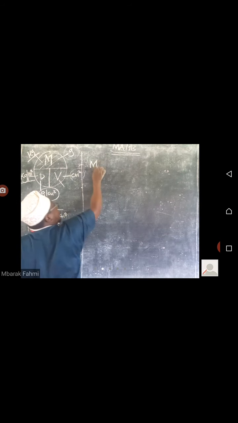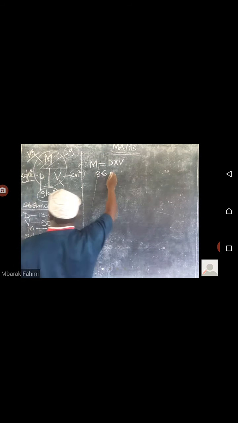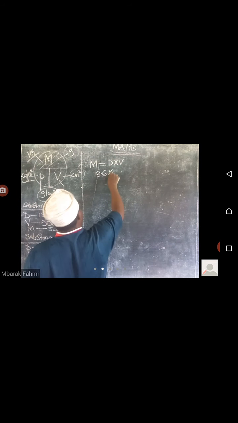Here we are given density and volume, we want mass. So mass is density times volume. Mass is equal to density times volume, where the density of this is 13.6 grams per cubic centimeter, and then times the volume.